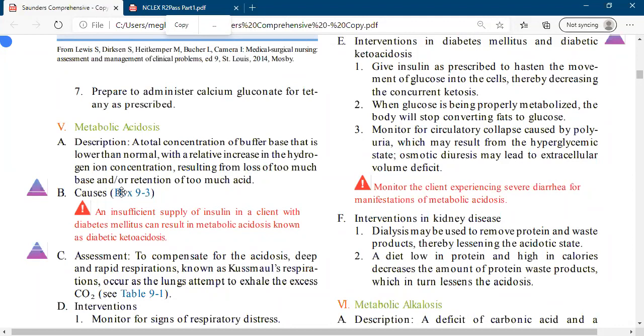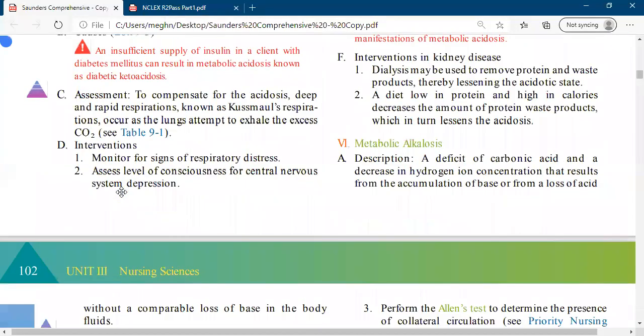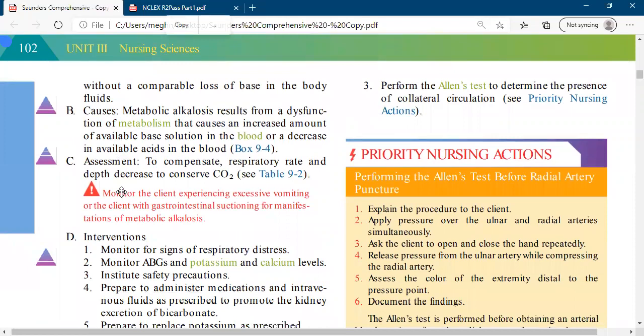right? So if a patient is under gastric suctioning, meaning a feeding tube inside the mouth, what kind of change takes place? Metabolic, because of fluid loss. So go next here.